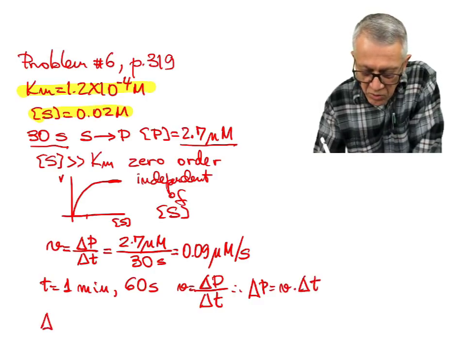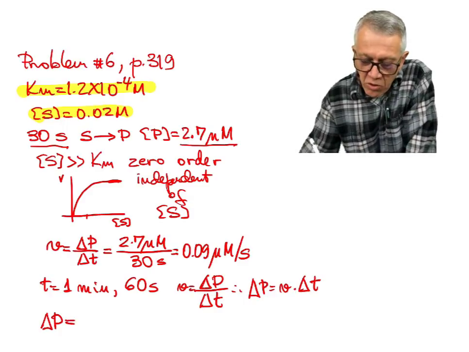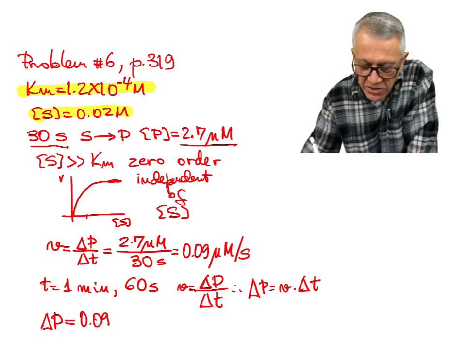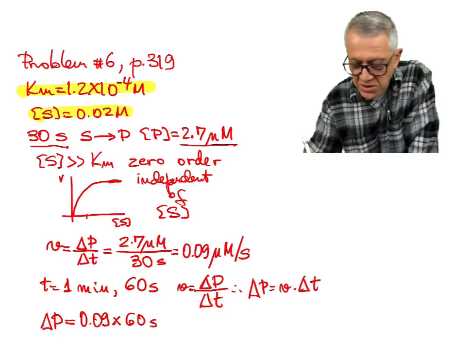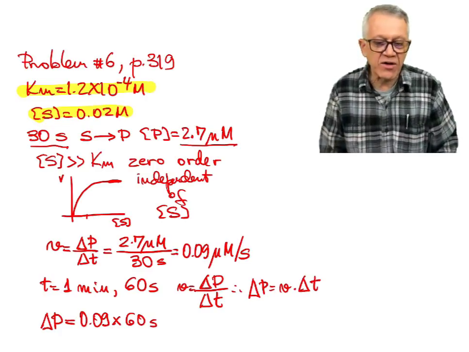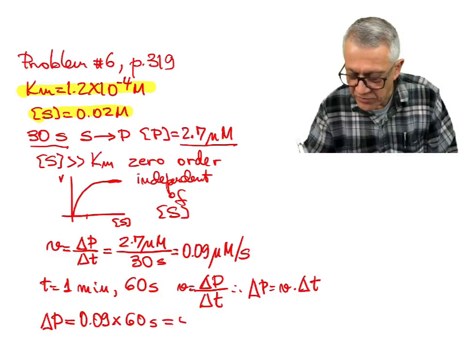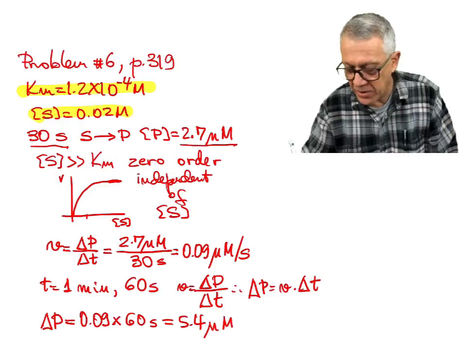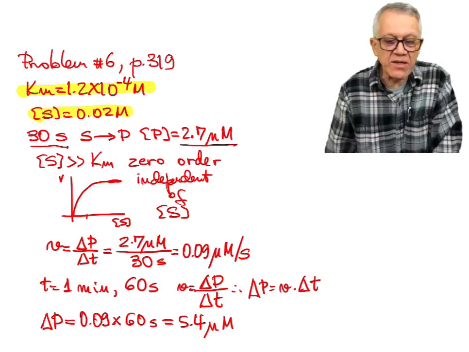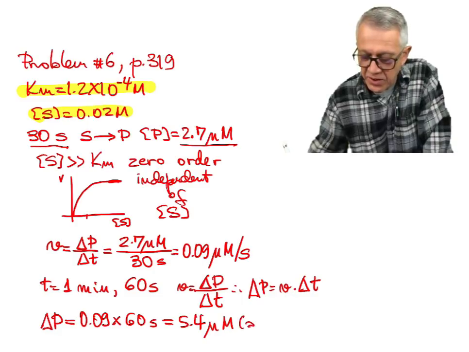We want to know the amount of product that was generated. The velocity is 0.09, and here we have 60 seconds. 0.09 times 60 is 5.4. Don't need a calculator for this one. 5.4 micromolar. That would be the answer for part A of this problem.